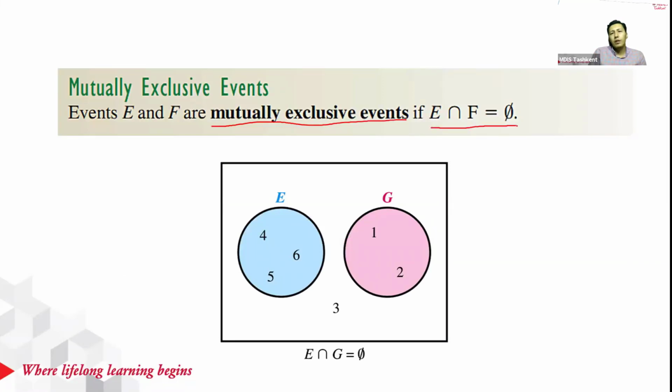If an intersection is equal to the empty set, then we call them mutually exclusive events. For example, one die, getting 3 and 5. This is AND, and that gives you the empty set.